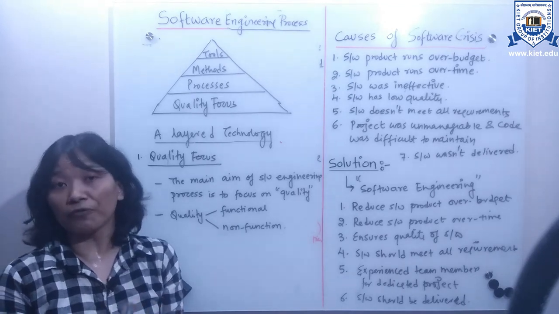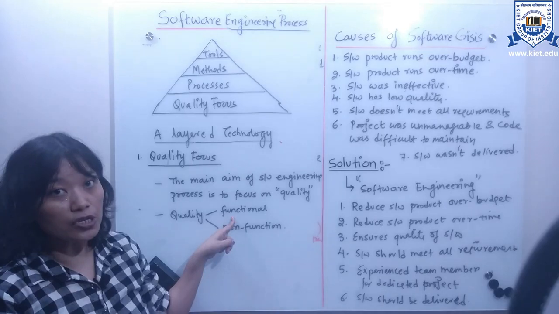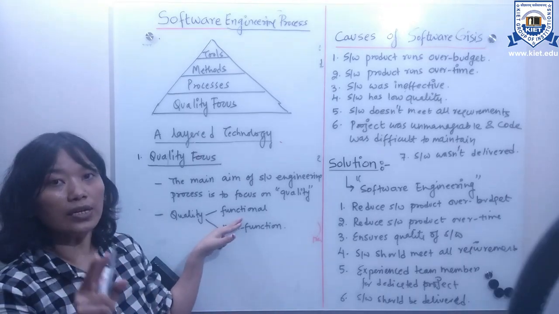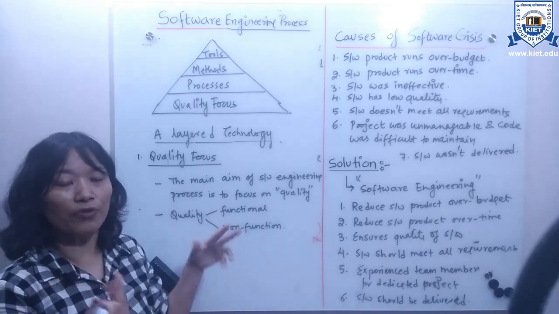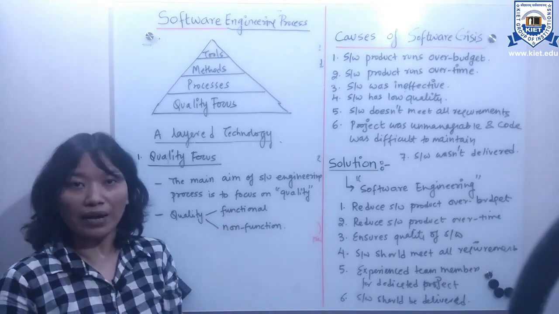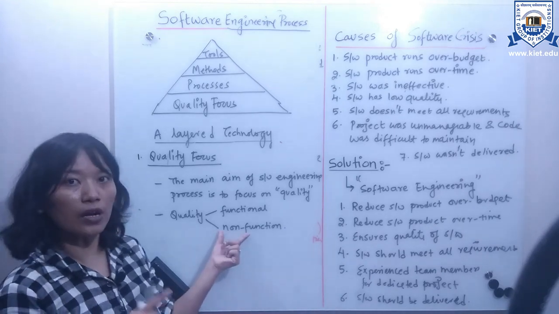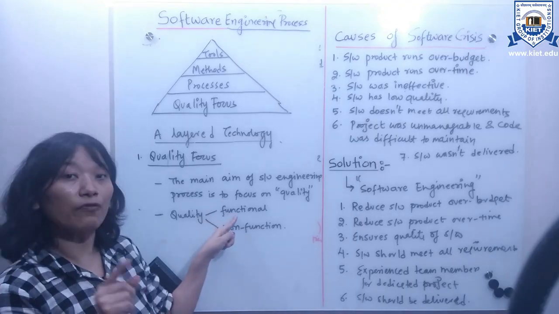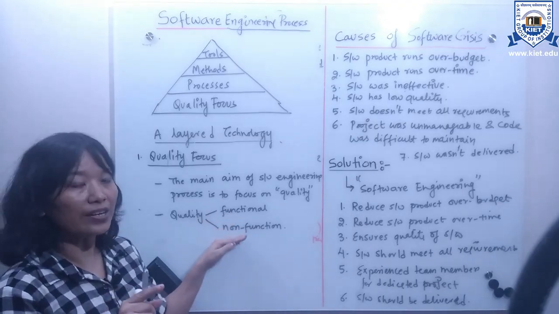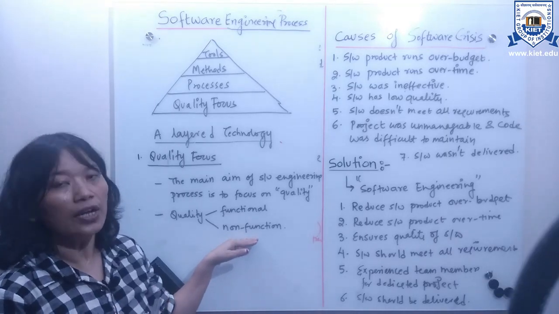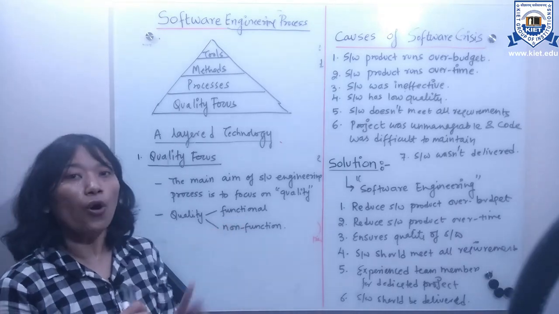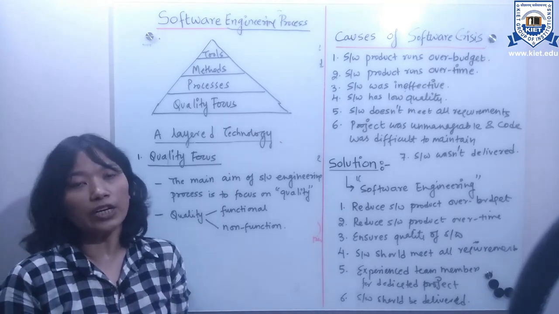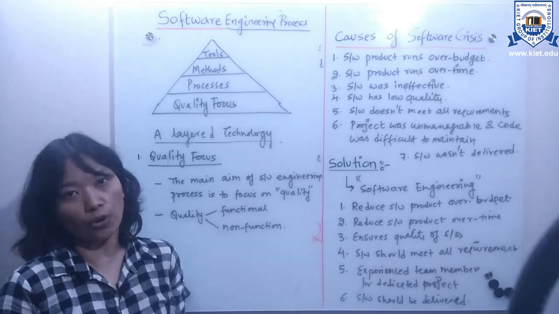And quality can be defined in terms of functional and non-functional. Comparatively, functional qualities can be easily tracked when all the requirements are met by the software, but non-functional quality basically defines the performance of the functional quality. So it is comparatively more challenging than the functional qualities. So overall, software engineering focuses on the quality of the software, either functional or non-functional.